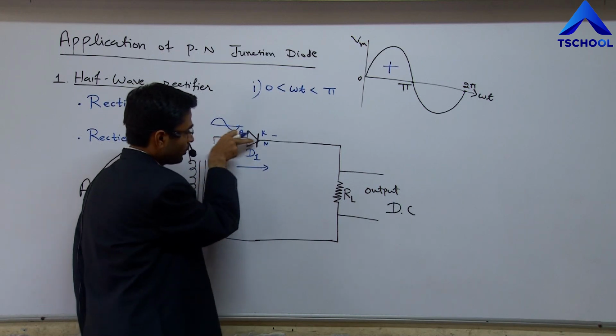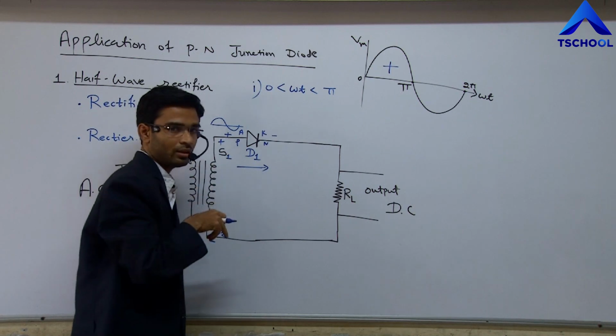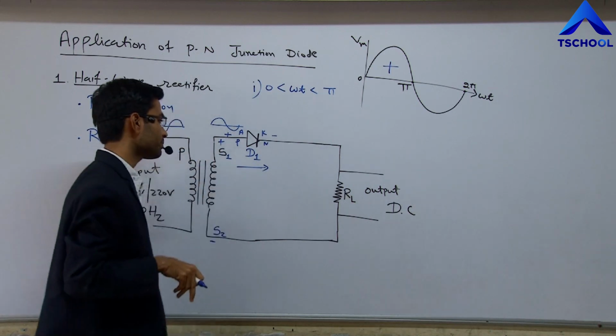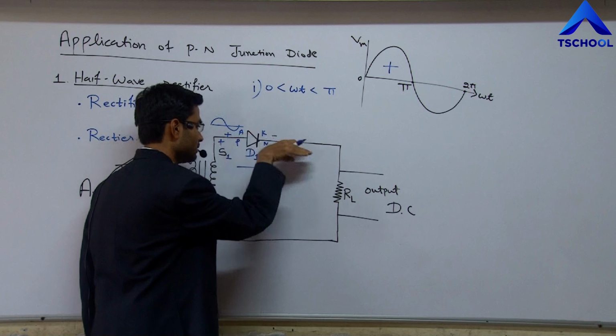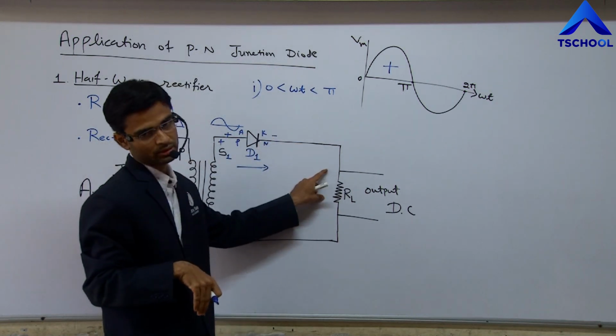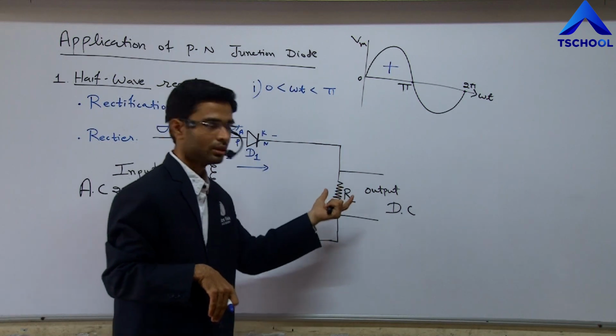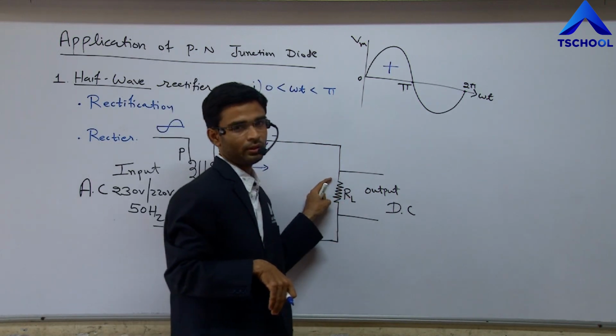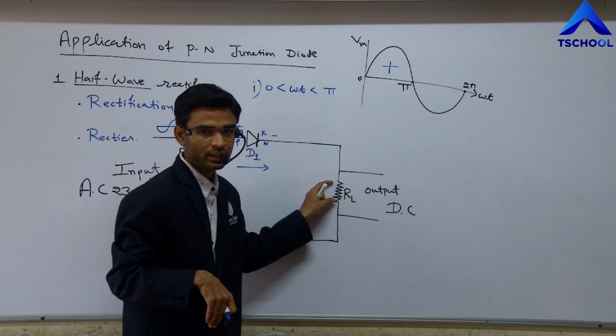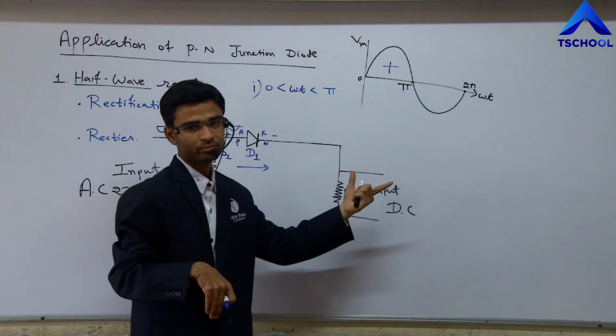The direction of the diode indicates that the conventional current flows in this direction. When the current flows in this direction through the load resistor, if we consider the load resistor as a bulb, then the bulb will glow.